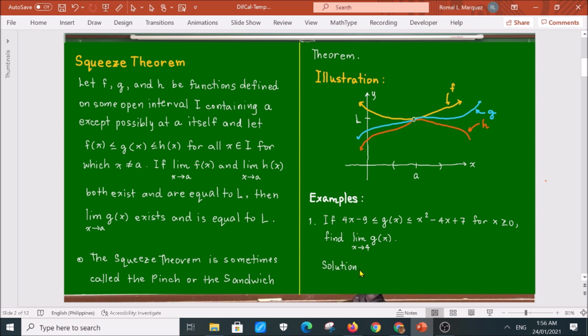Solution. Let f of x be equal to 4x minus 9 and h of x is equal to x squared minus 4x plus 7.